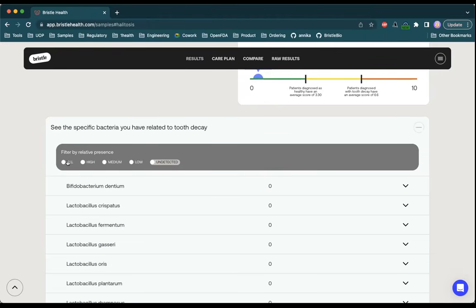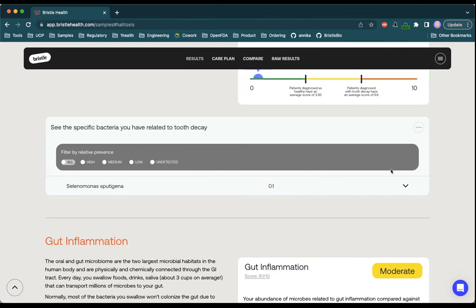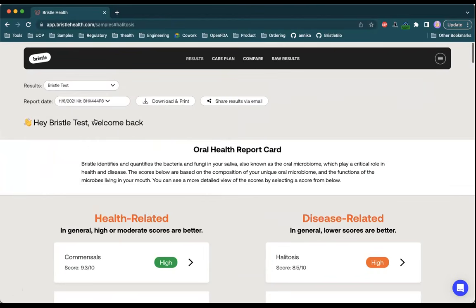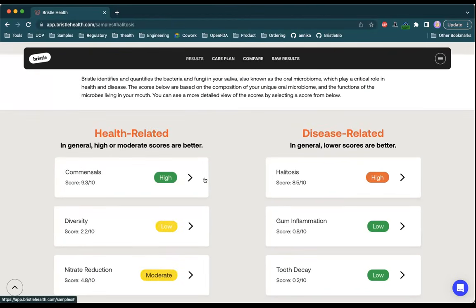That's another thing that would be great to piece out eventually in these reports, like a recommendation like, okay, you've got an elevated bad bug, undetected good bug. This is what would happen. This is how your oral microbiome would improve if you were to elevate those populations of that bug, and then how to do it.